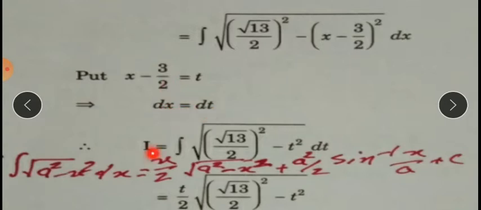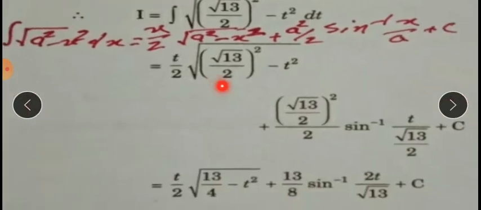Our integration is I equal to the integral of root of 13 upon 2 whole square minus t square. This is in the form of the formula for the integral of root a square minus x square. A is constant, x is variable. Similarly here, this is constant a and this is variable t.